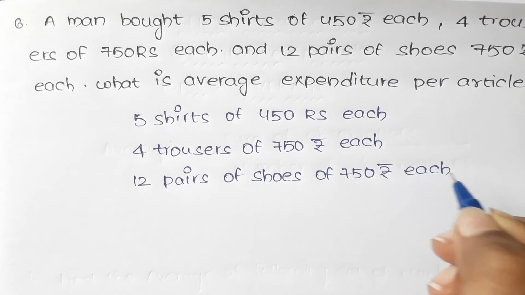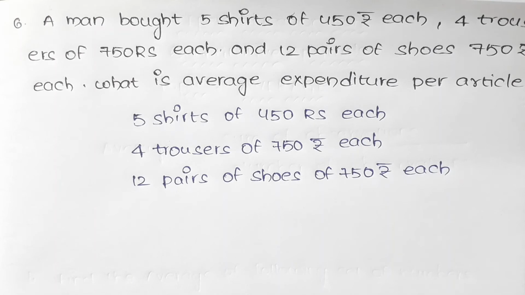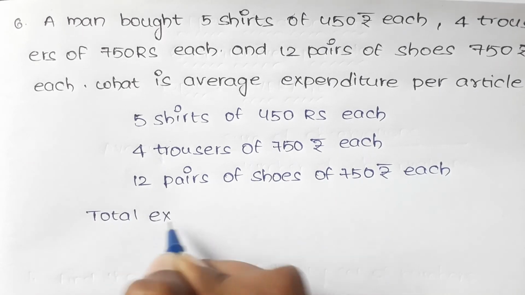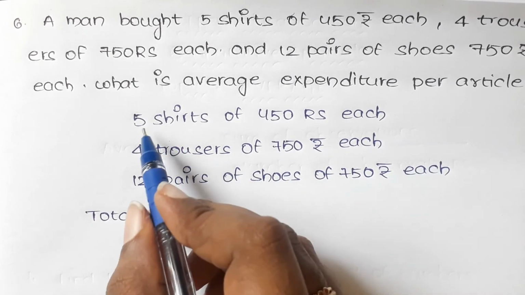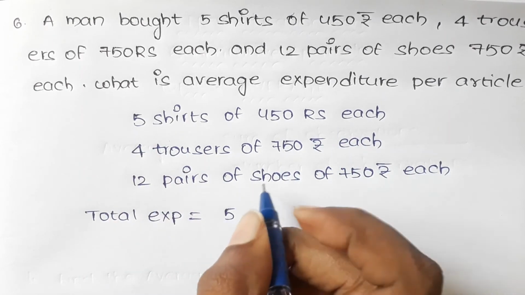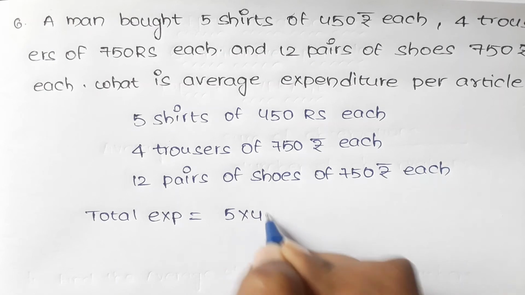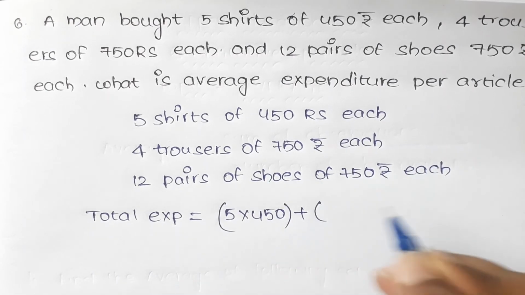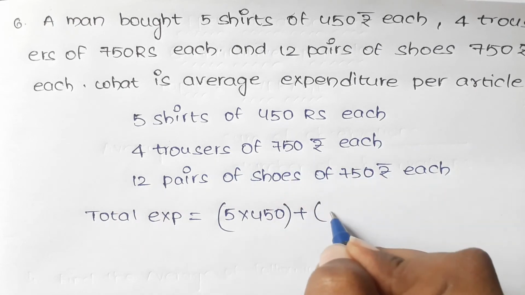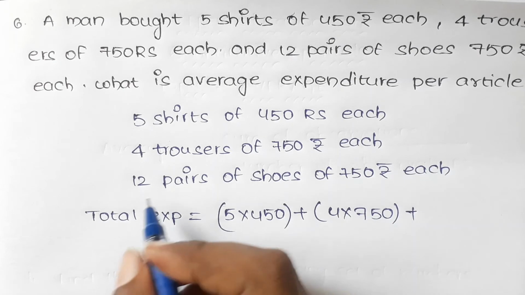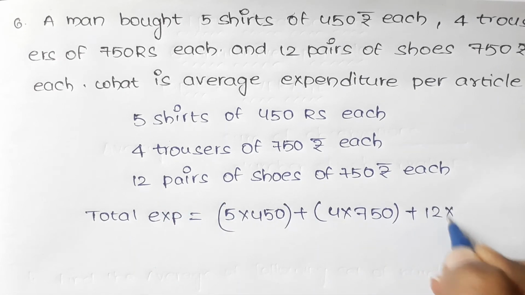And now first let us find the total expenditure on these articles. Total expenditure is, here he has 5 shirts of 450 rupees, that is 5 into 450, plus 4 into 750, plus again 12 into 750.